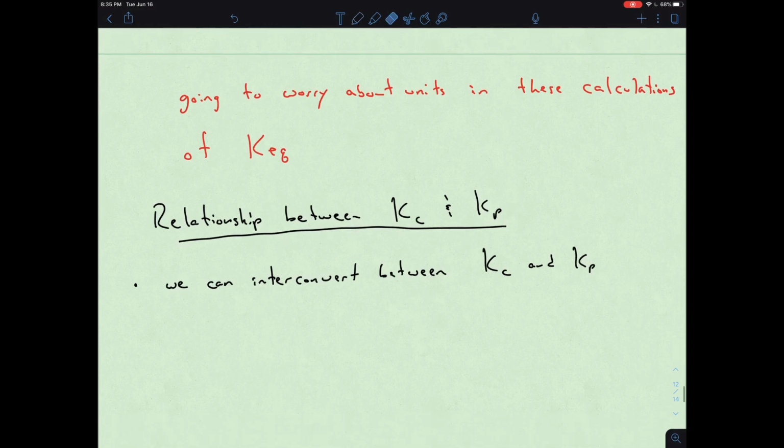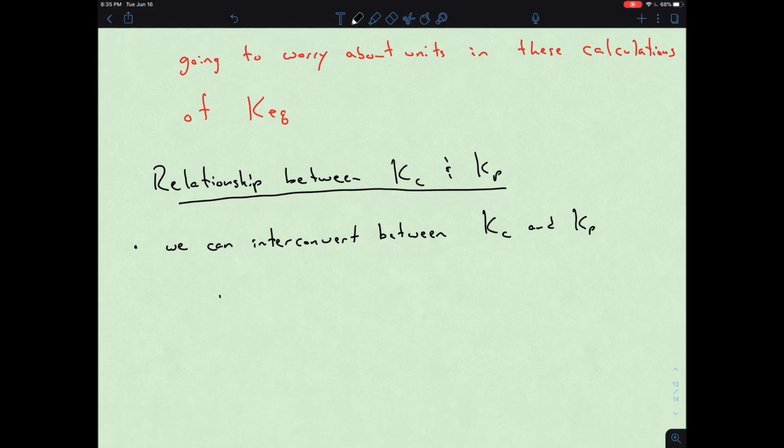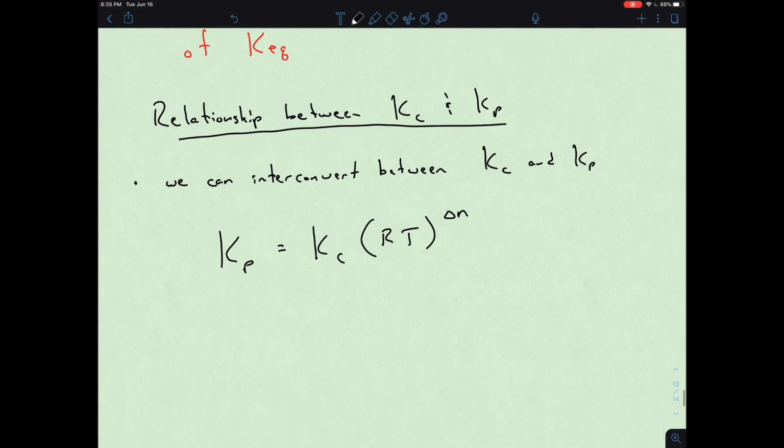And the equation basically brings our gas law idea into the mix. So we have K sub P is equal to Kc times RT raised to the power of delta N. Our R value here is our gas law constant, 0.082 liter atmosphere per mole Kelvin.